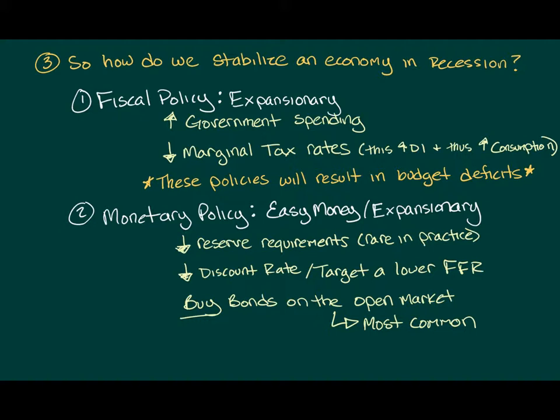Ideally, if we're going to do this, you want your fiscal policy and your monetary policy to work together. So ideally, if Congress and the president are engaging in expansionary fiscal policy, you would want the Fed engaged in easy money policy, or vice versa. That doesn't always happen. A lot of times Congress and the Fed will disagree about the direction of the economy, and this is because they have different interests, right? Remember, Congress and the president have to get reelected.